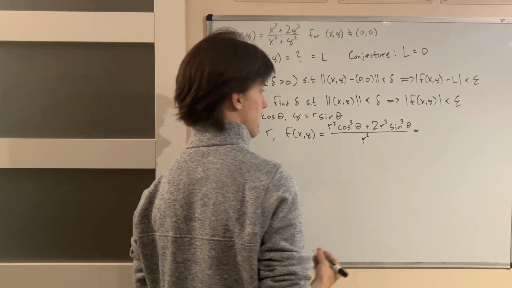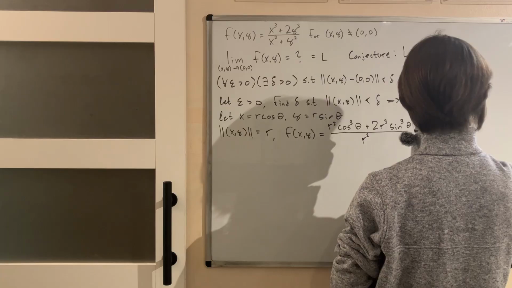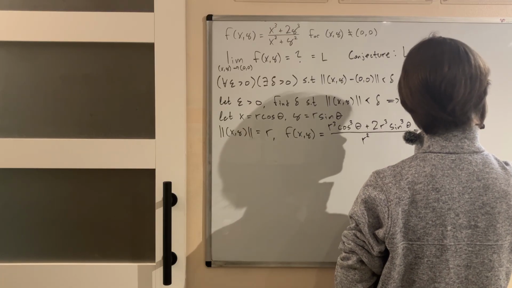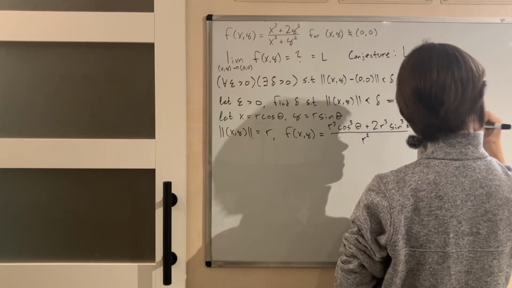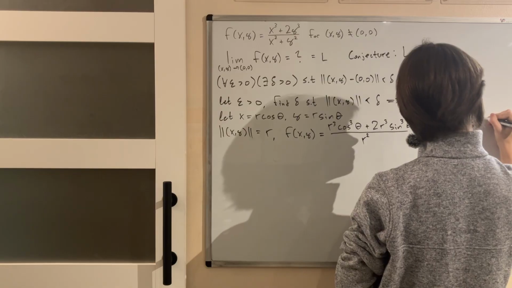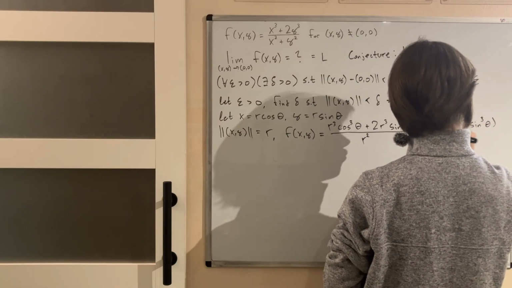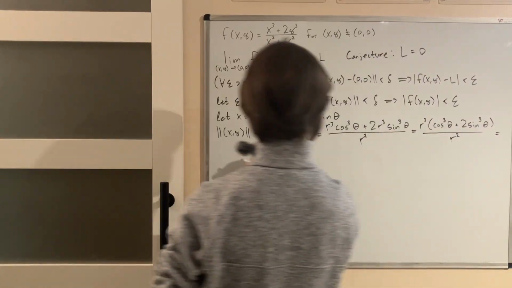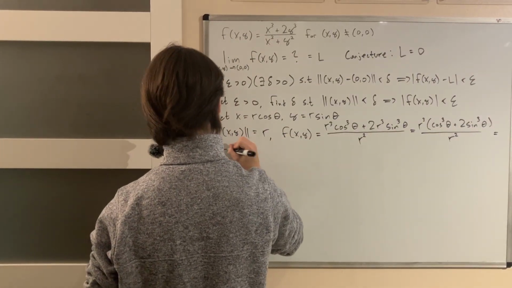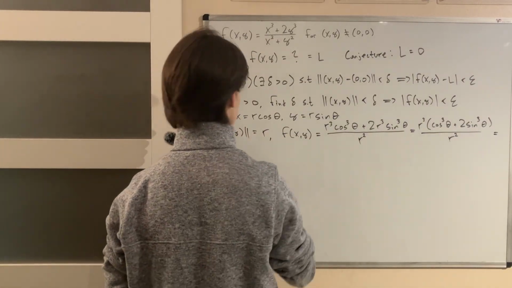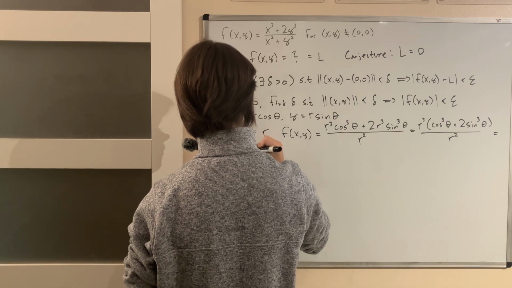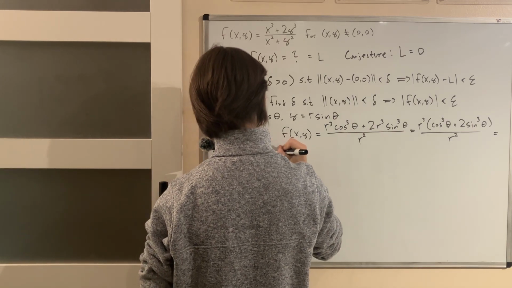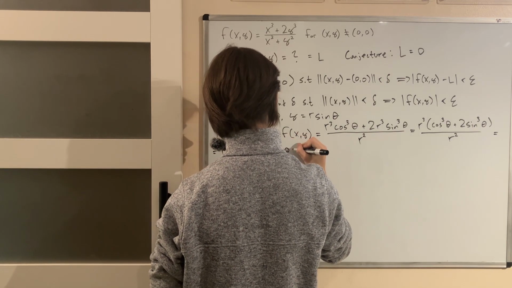So we can factor this out to get r cubed times cosine cubed of theta plus 2 sine cubed of theta over r squared. And this is equal to r times this entire angle in here, cosine cubed of theta plus 2 sine cubed of theta.